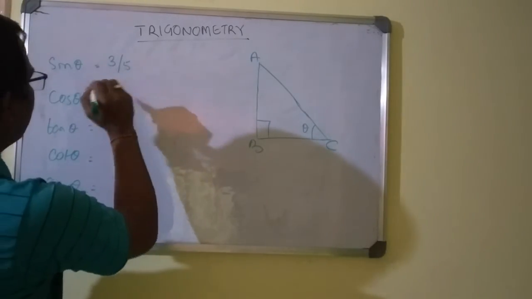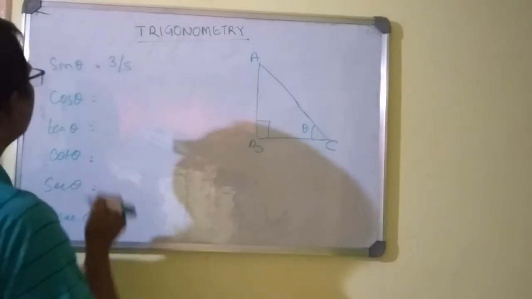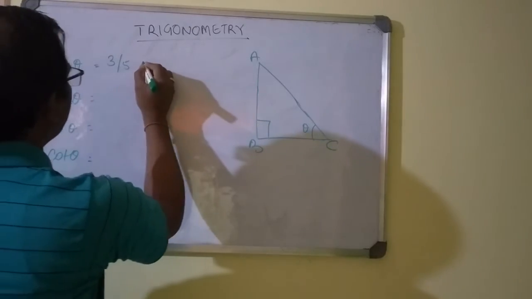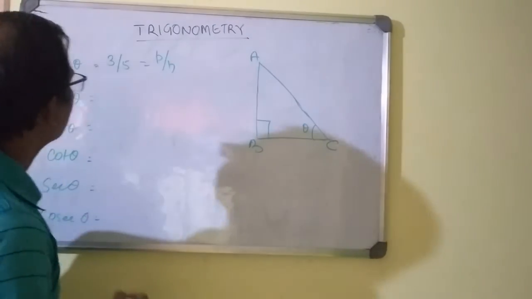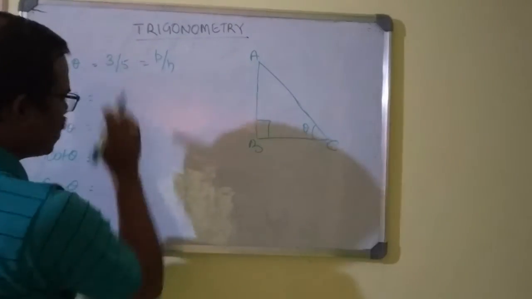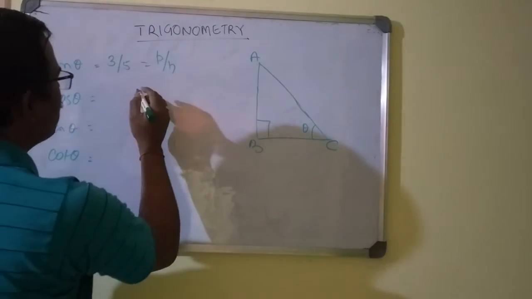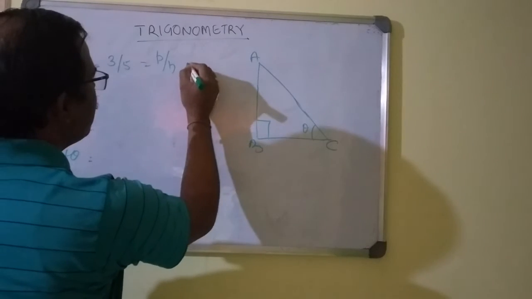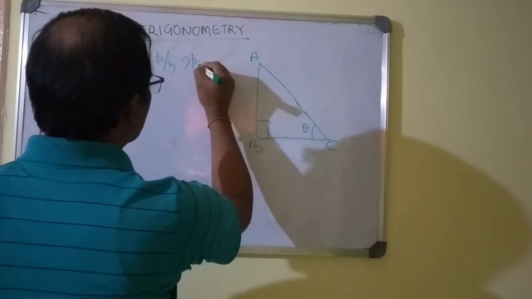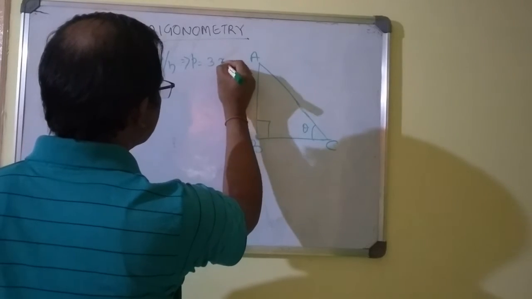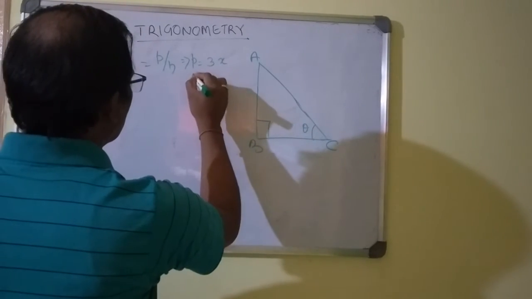I will tell you how to sort it out. So you take sin theta and take the ratio as P by H. Now if P by H is equal to 3 by 5, you can say that P is equal to 3 units and H is equal to 5 units.